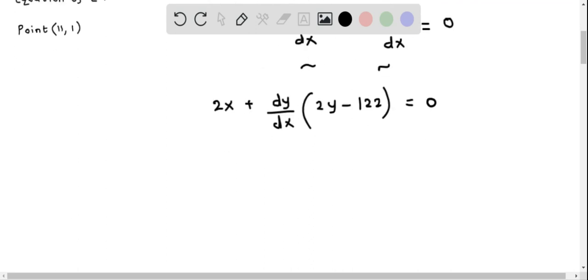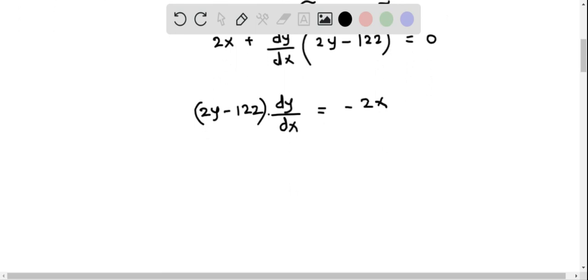And since we want to have only dy by dx on this side, we can transpose this term to the right side, or in fact we can subtract this 2x from both sides. So I'm going to write this as dy by dx. This time I will put this factor in front, which looks a more familiar way of writing. So this equals negative 2x.